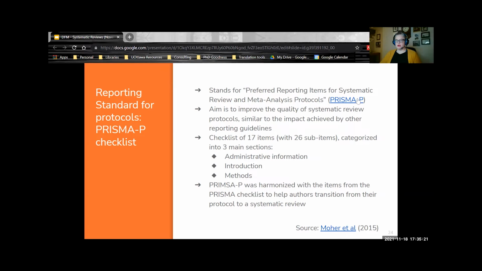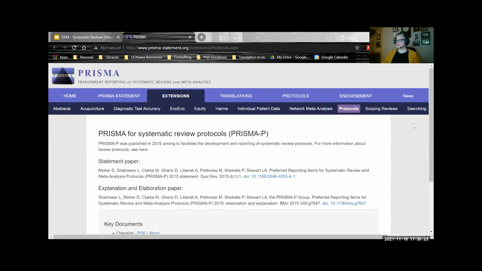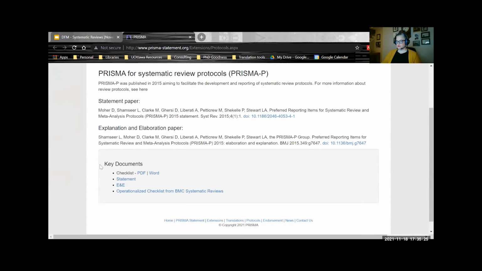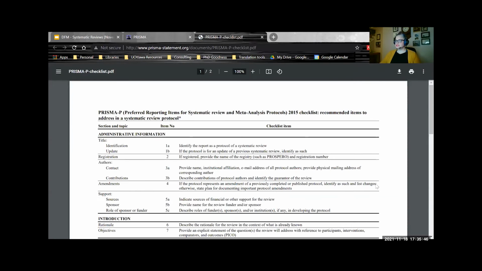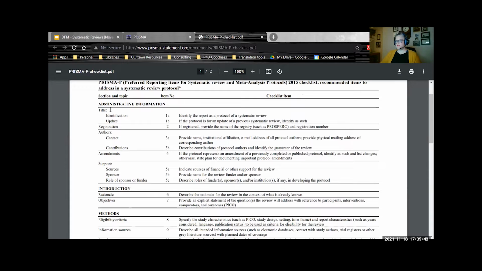All right. So by clicking on PRISMA-P, you will see that you can download the checklist right here in PDF or in Word. And there also is a document that talks about why it was created and how the decision making that went into making the PRISMA-P was also completed. This is a really good tool to use, because if we click on the PDF, you can see they've broken it down.